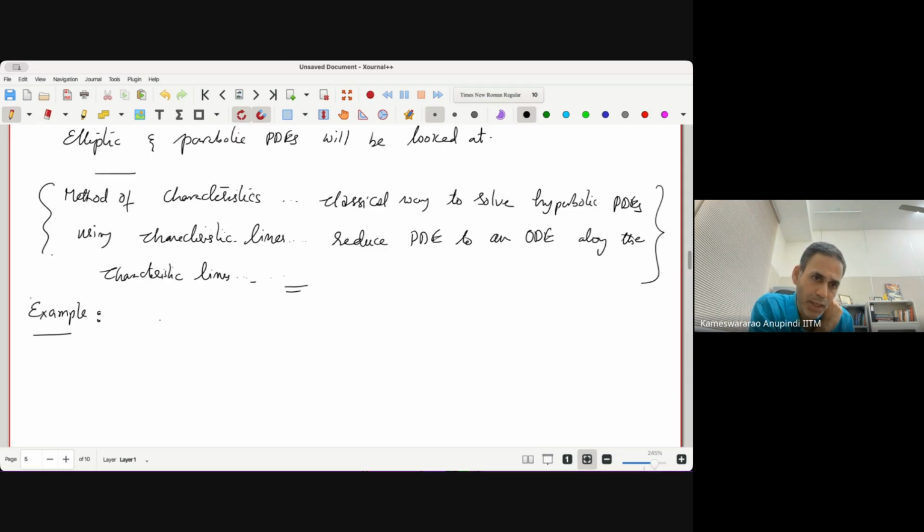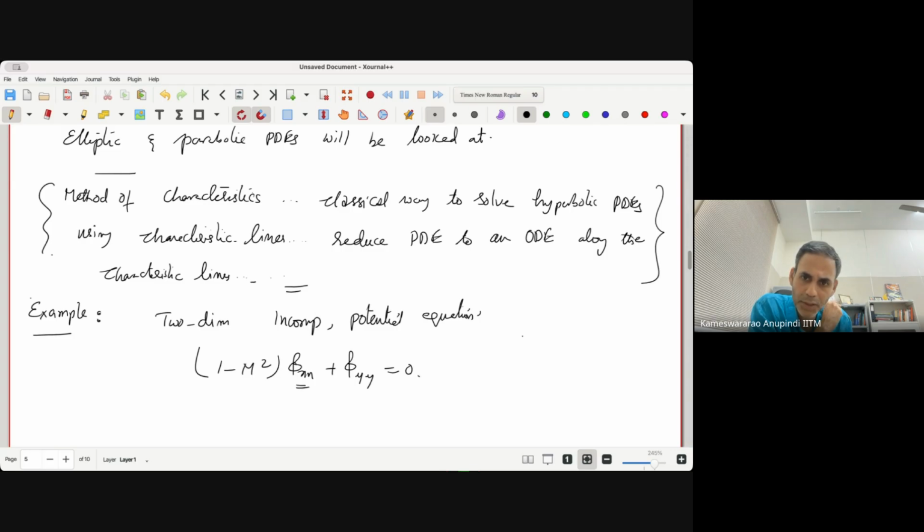Let us look at this two-dimensional inviscid, incompressible potential equation, which is given by (1 minus M squared) phi xx plus phi yy equal to 0.